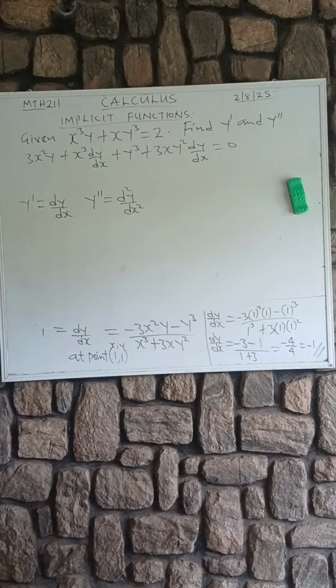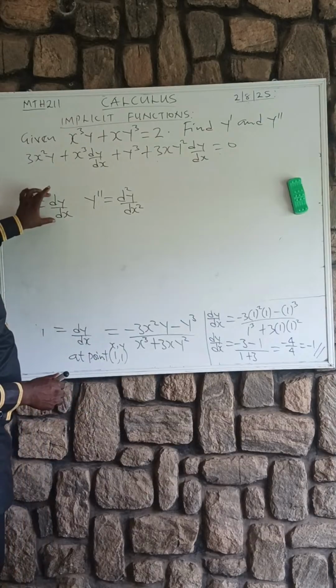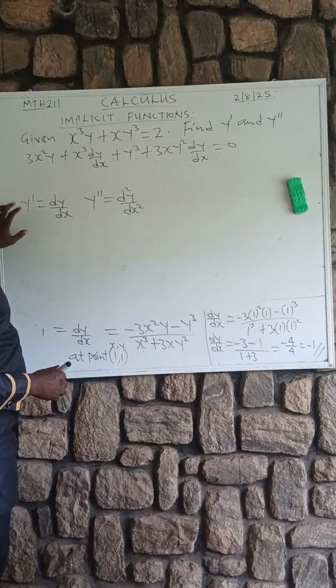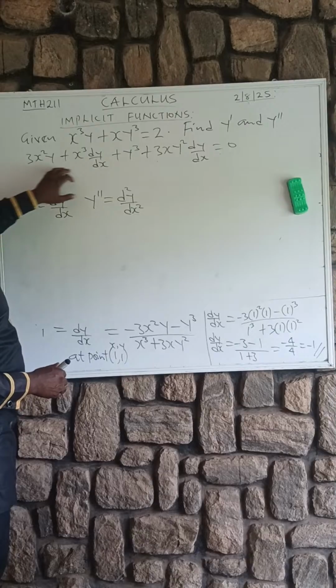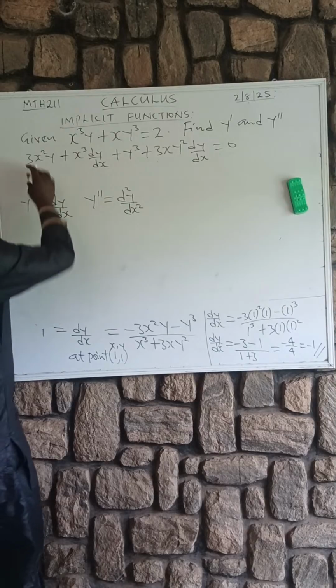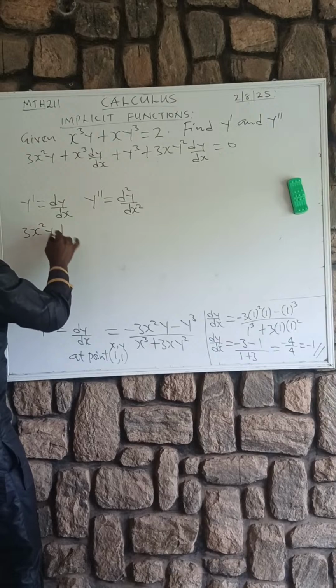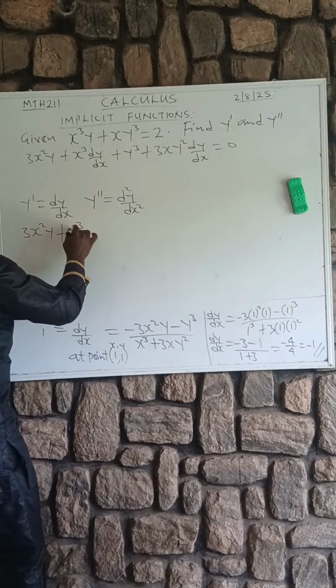Okay. So now, look at it. It means we are going to substitute in this. Anywhere you see the dy over dx, like here, look at this place. We have 3x squared y plus x cubed.